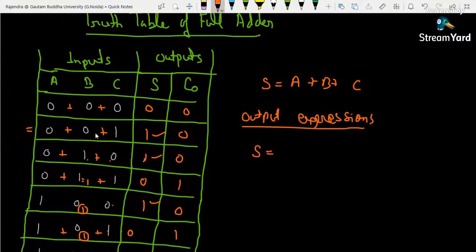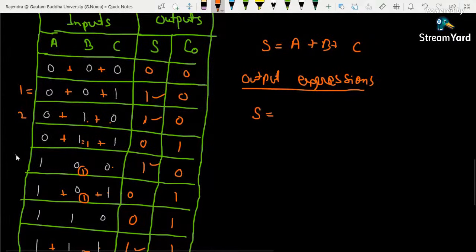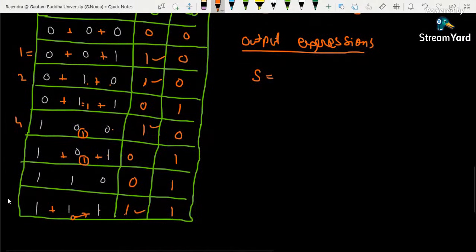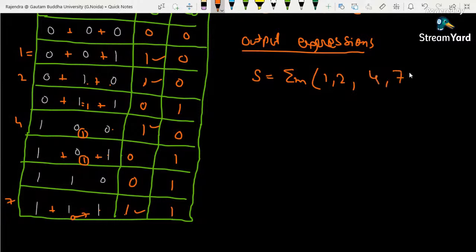For this one, ABC is 001, that means decimal 1. This is decimal 2, or minterm 2. Similarly, this is 4 and the last one is 7. So I'm writing the expression in the form of minterms: sigma m(1, 2, 4, 7). This is the output expression of the sum.